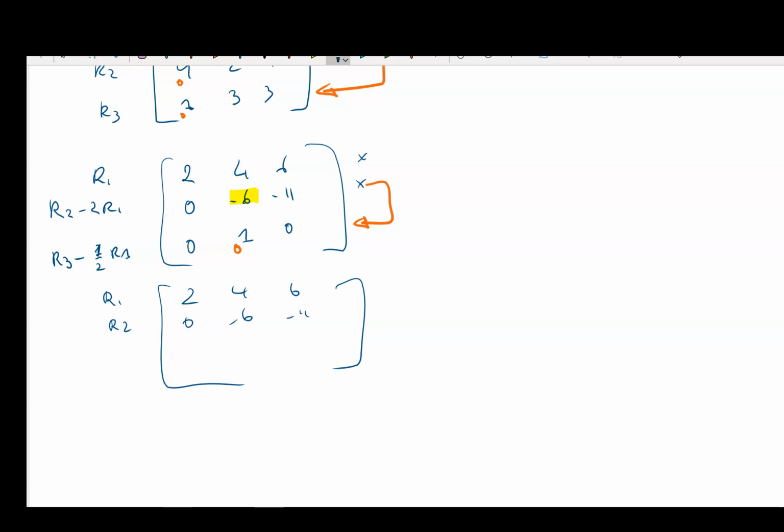In order to put a 0 instead of a 1 here, I need to do row 3 plus 1 over 6 times row 2. So that I get 1 plus 1 over 6 of -6, so that's -1, and then I get 0 minus 11 over 6, so that's just -11 over 6.